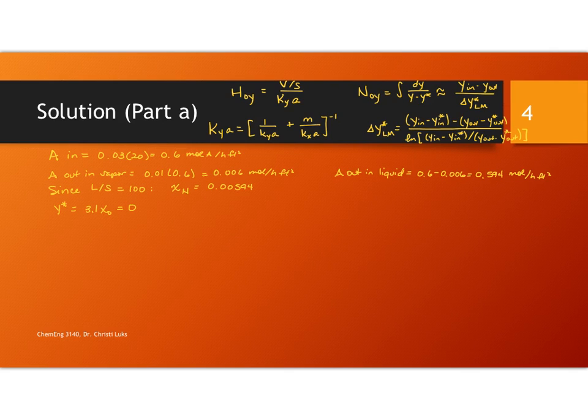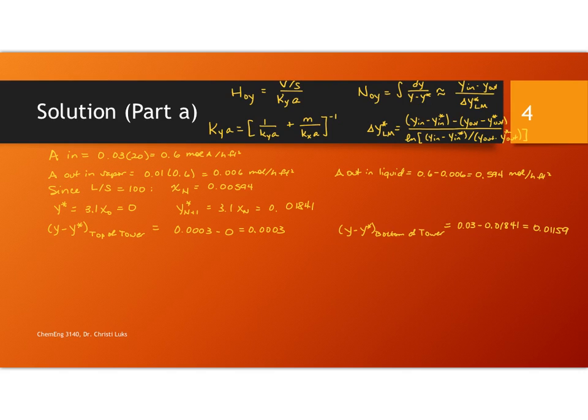Where the gas comes in, x is equal to 0, and so I know my y, and at the other end, I have this. So I know what y minus y star is at the top and the bottom of the tower. At the top, it's just 0.0003, and at the bottom, it's 0.01159.